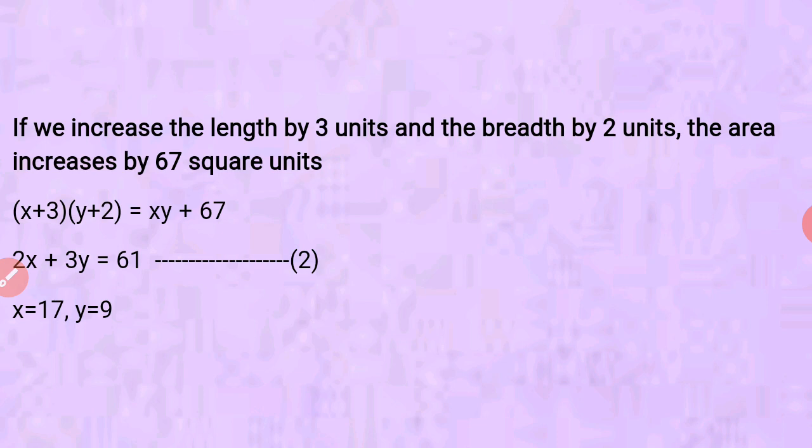And what is happening to that area? It is also increasing by 67. So on the right hand side we have written it as xy plus 67. Simplify it and you get an equation that is 2x plus 3y equal to 61.